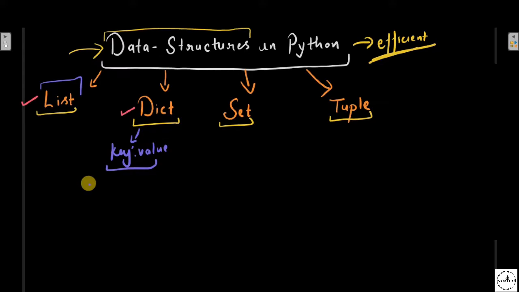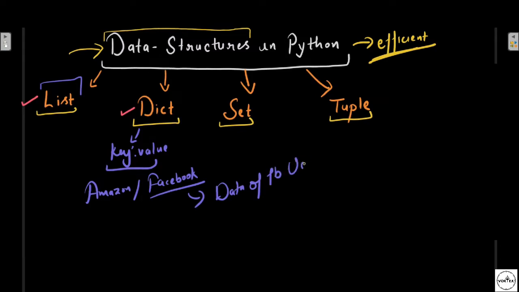Imagine you are a data analyst at Amazon, or let's say at Facebook, and the first task is, can you store the data of your Facebook users? I can say the data of a Facebook user is as follows.